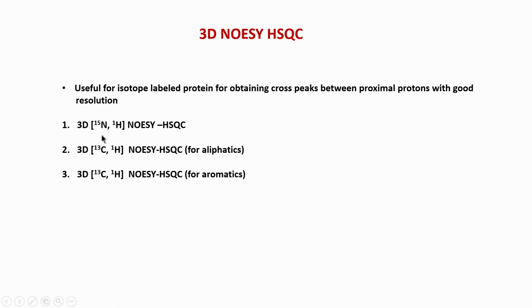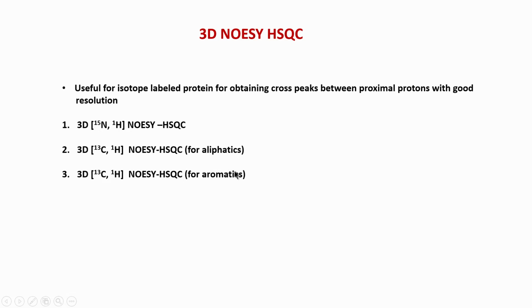One is called N15 NOESY HSQC, and the other is C13 NOESY HSQC, and in C13 we have 2 types. One is for the aliphatic spin systems, that is for the side chains of hydrophobic and hydrophilic amino acids, and another C13 NOESY is for the aromatic spin system, that is in the case of phenylalanine, tyrosine, tryptophan and so on.